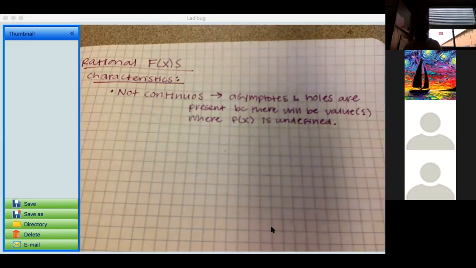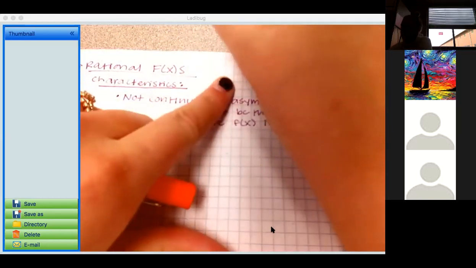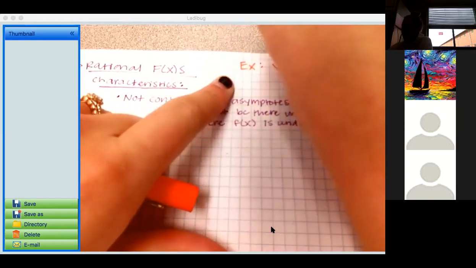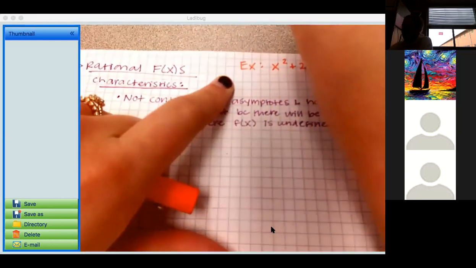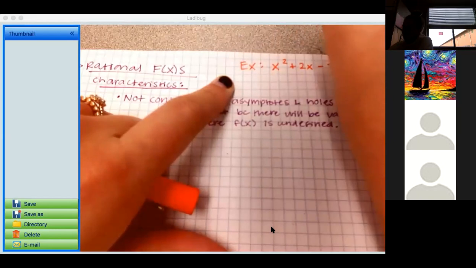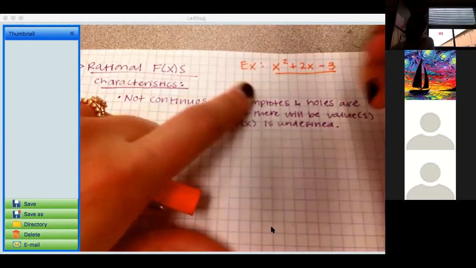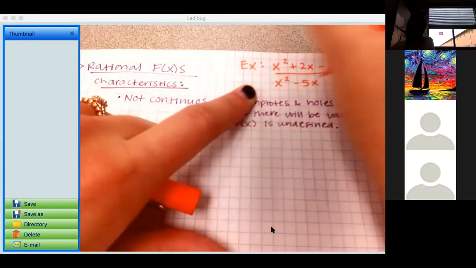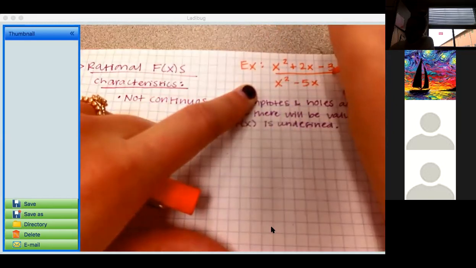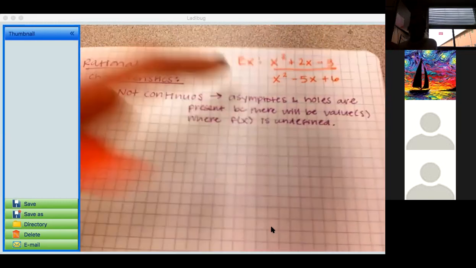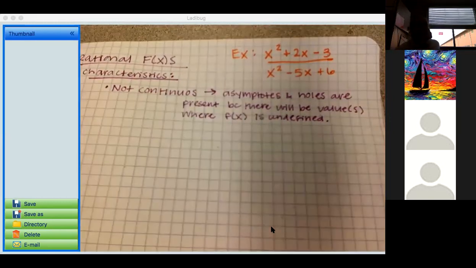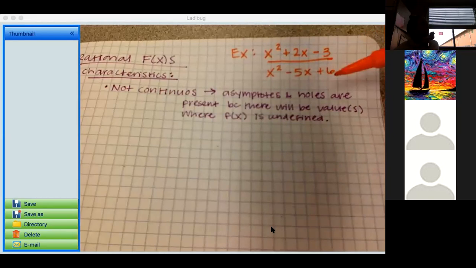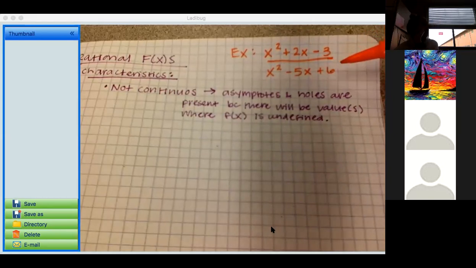So if you're like, what the heck, just remember, this is just an example up here. This is a rational function. It's a ratio, and there are x's in the top and bottom, right?